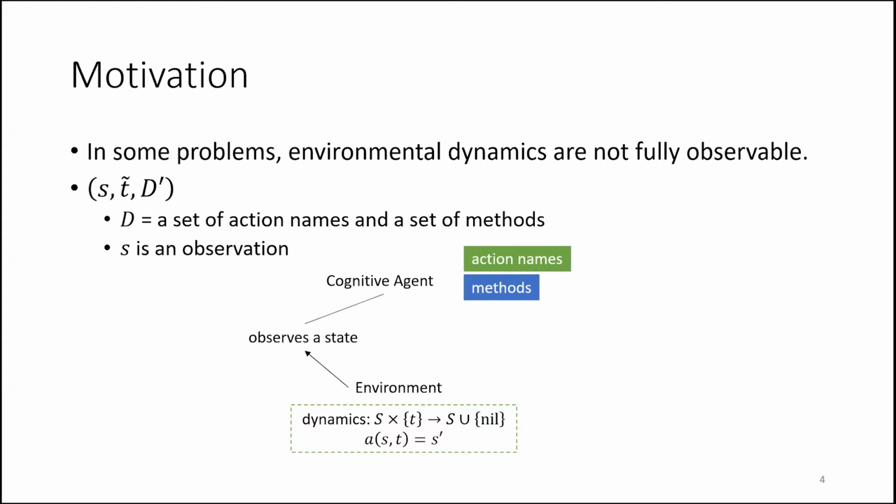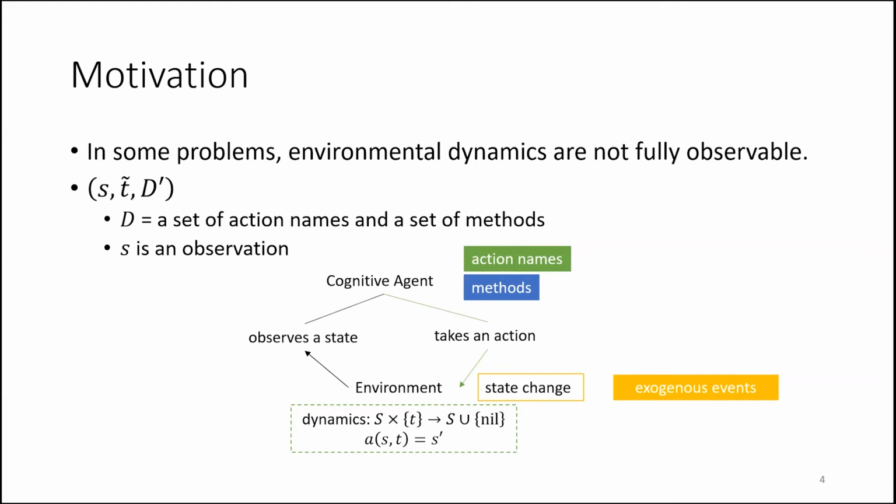So the cycle begins with the agent observing a state, and then the agent takes an action. This causes the environment to have a state change, and then the cycle continues. Because from the agent's perspective the dynamics are unknown, the state change could appear as some unexpected events.